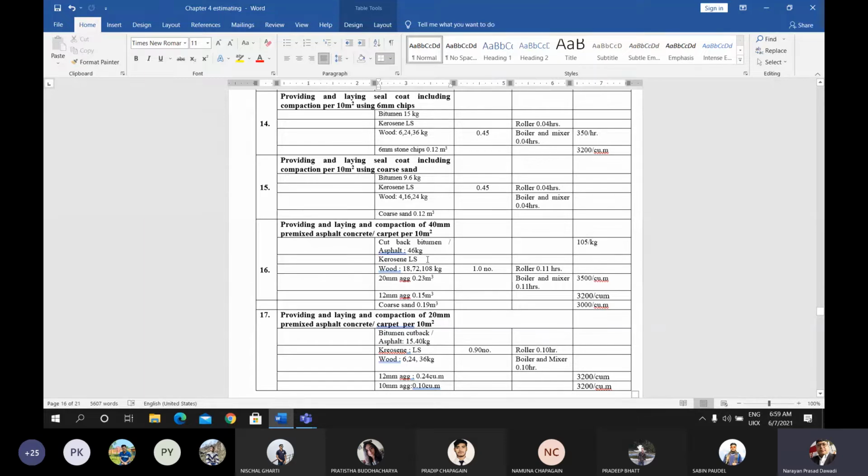Now kerosene lump sum. Wood for 40 thickness for 10 meter square is 108 kg: 18 for boiler, 70 for open mass, and 20 for patchwork.